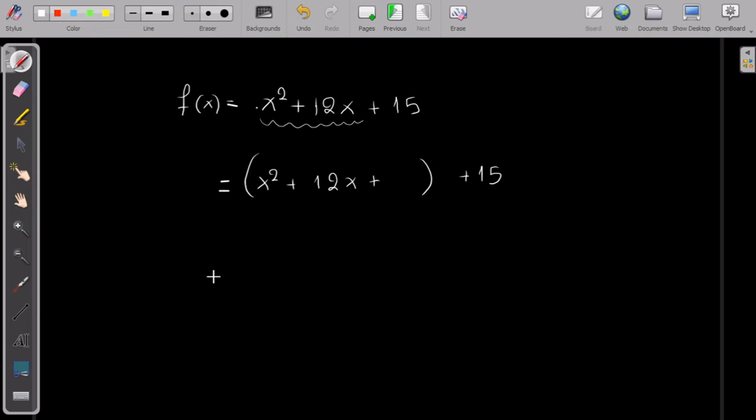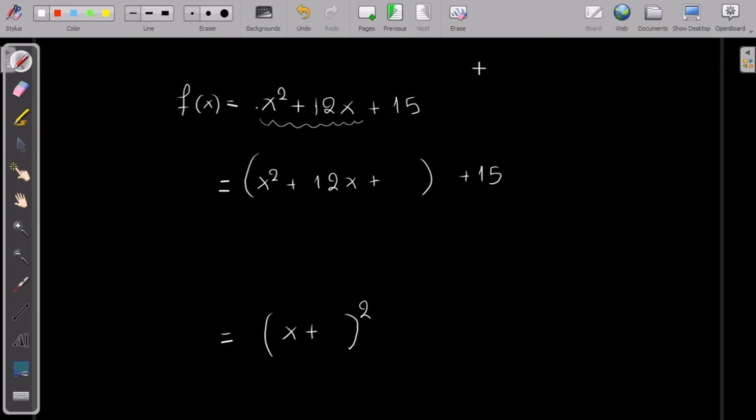Now this one should be written in the form of x plus something to the power of 2, so this one must be transformed into a perfect square. Now how will I do that?